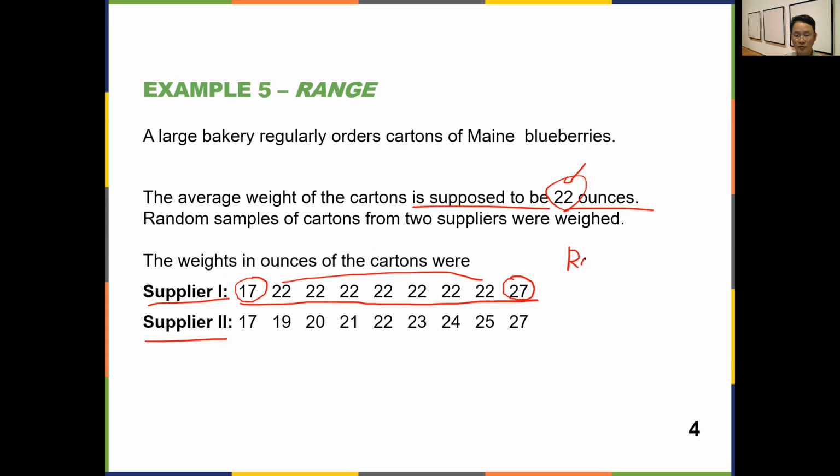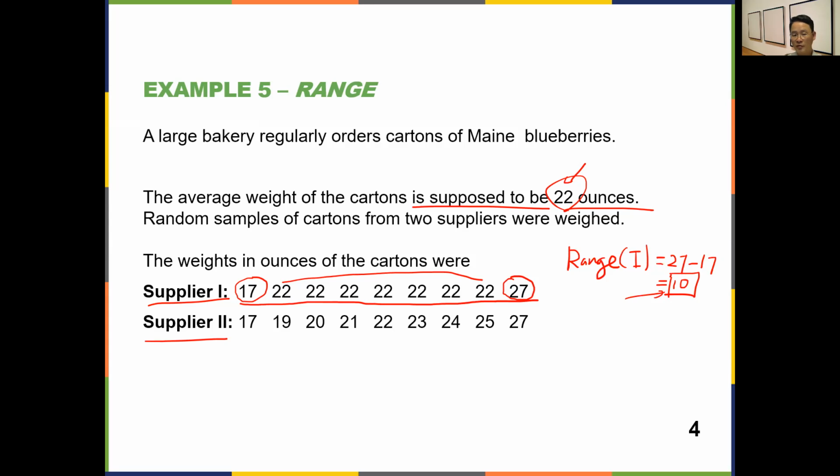So if you want to calculate the range for supplier 1, what do you do? The highest number minus the smallest number, which is 10. So what does this 10 describe? It describes the range. What is range? The difference between the highest number and the lowest number.